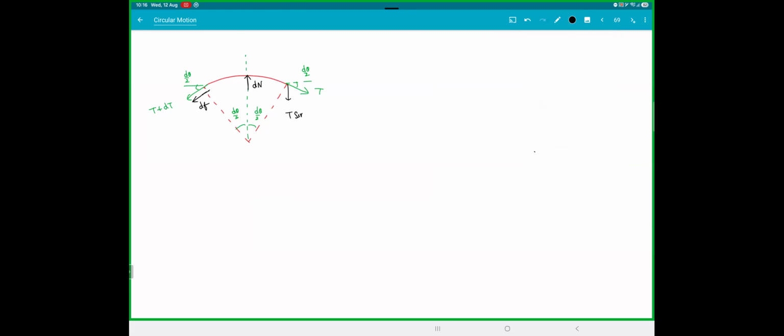This will be T sine d theta by 2. This will be T cos d theta by 2. T plus dT cos d theta by 2. T plus dT sine d theta by 2. So in the vertical direction, we can clearly see dN will be T sine d theta by 2 plus tension plus dT sine d theta by 2.